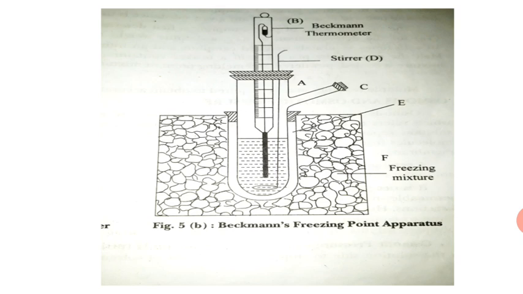Now when we are determining the depression in freezing point practically, initially we have to take W amount of pure solvent, make the adjustment as shown in the figure, introduce the freezing tube in the air jacket tube, then the freezing mixture, and determine the freezing point of the pure solvent.